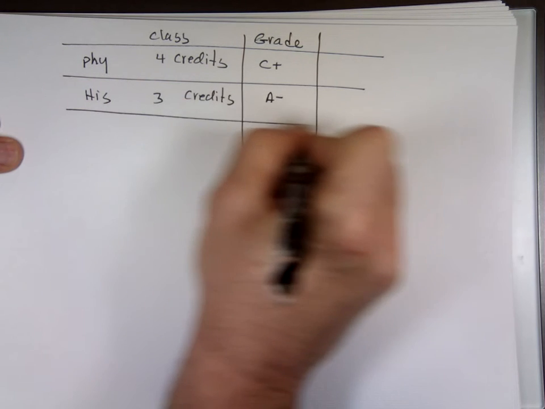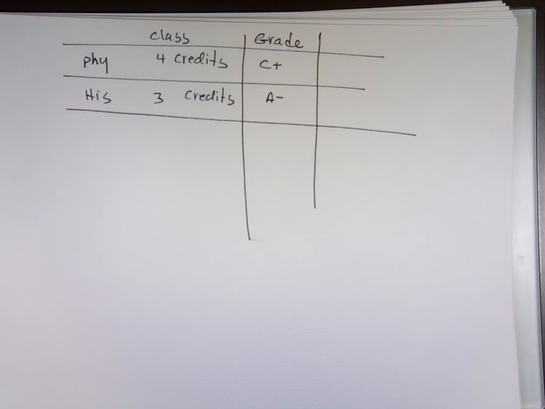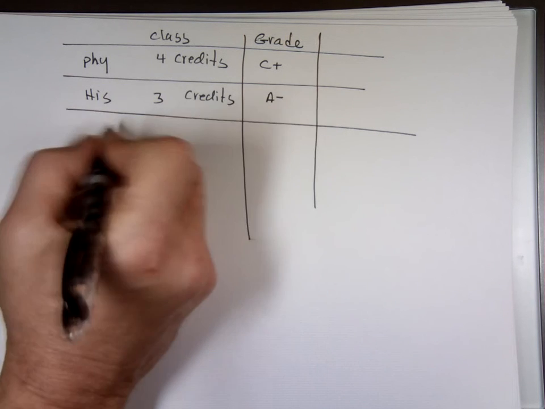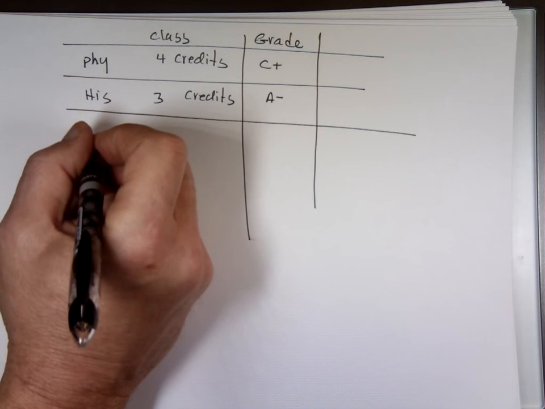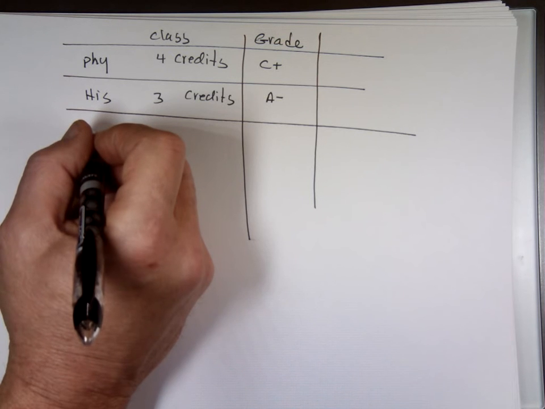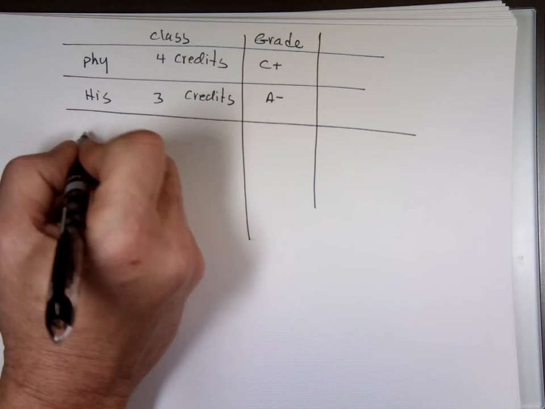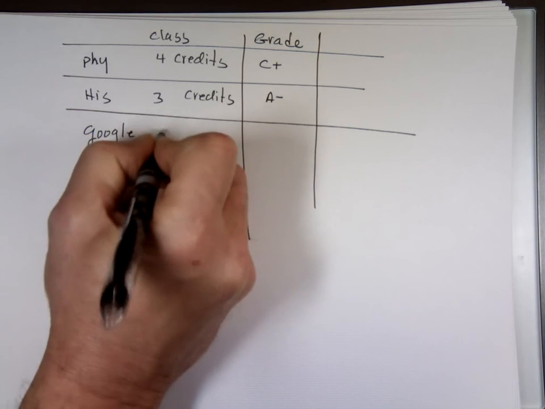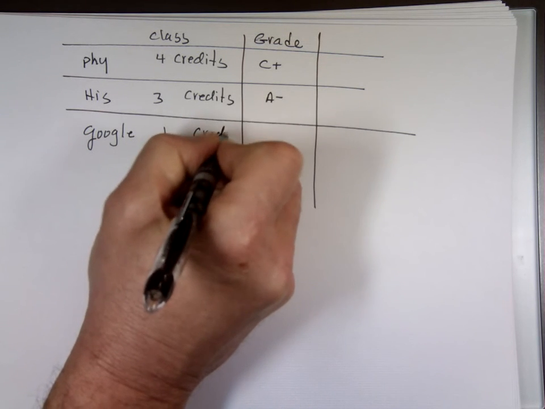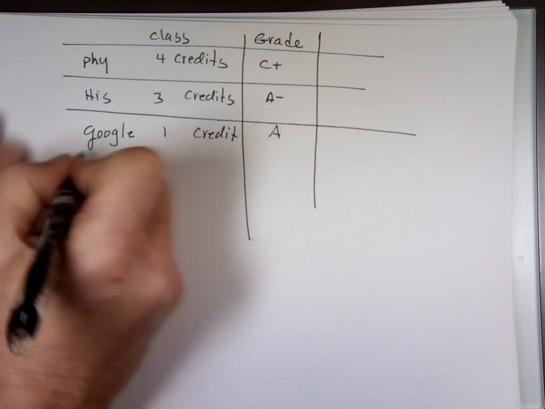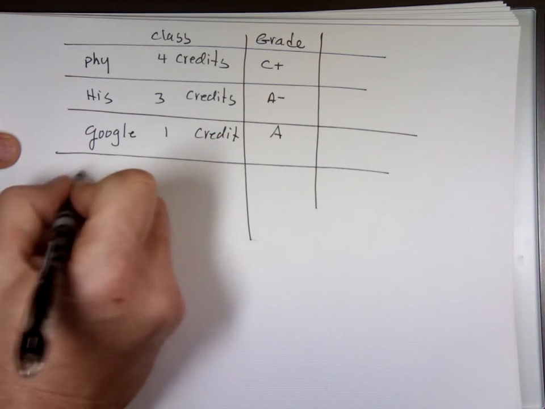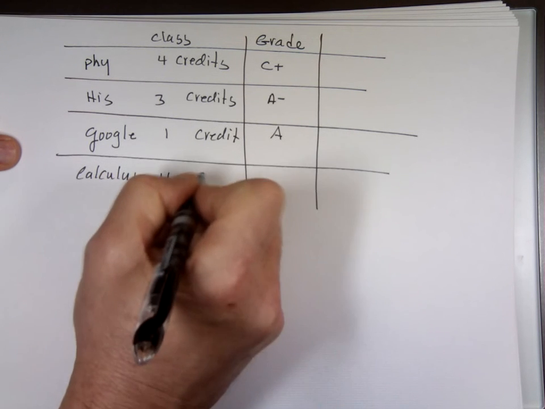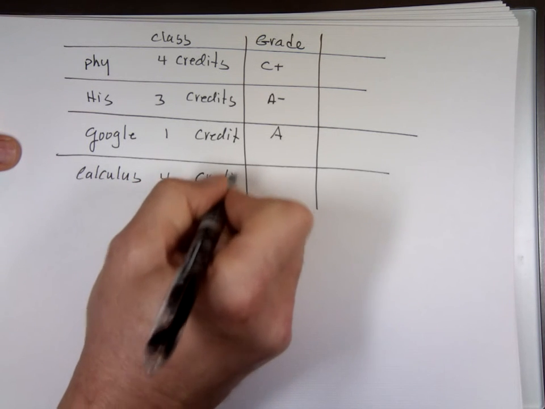Then you take another class, a Google class, which is 1 credit, and you got an A. And you got calculus now, 4 credits, and you got a B plus.